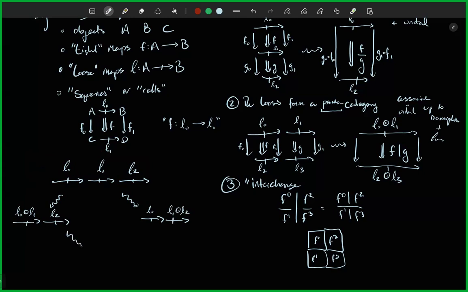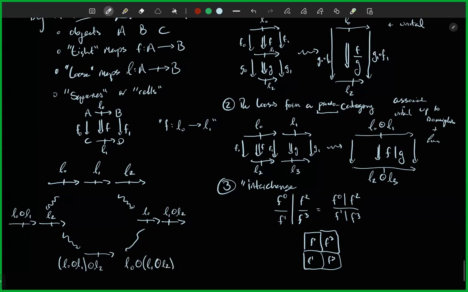And then we can combine them both into being one thing. If I take this side, I would get L0 . L1 . L2. And if I did this side, I would also get L0 . L1 . L2. To say that composition was associative would be to say that these are equal. But I'm not going to say that they're equal. I'm going to say that they are isomorphic.